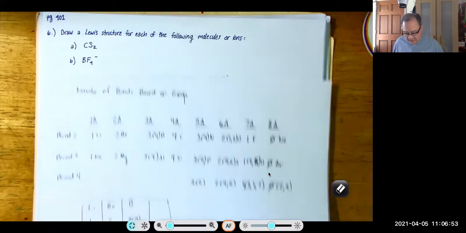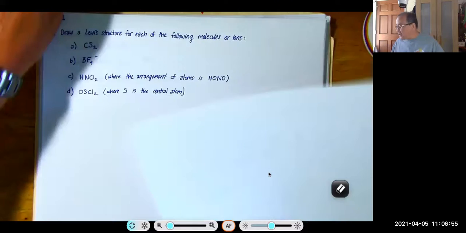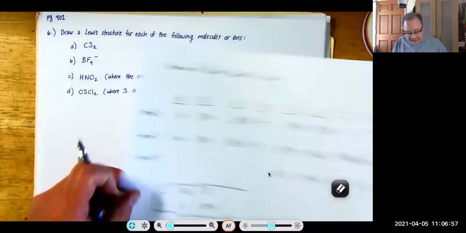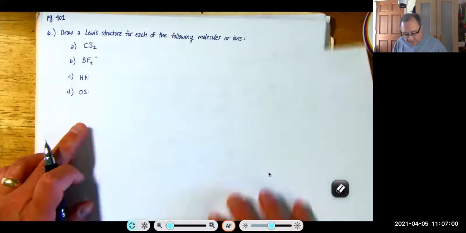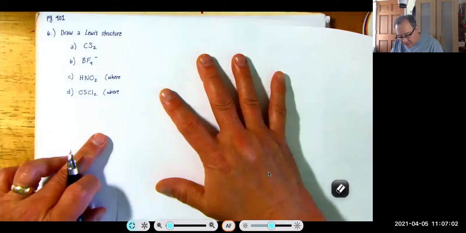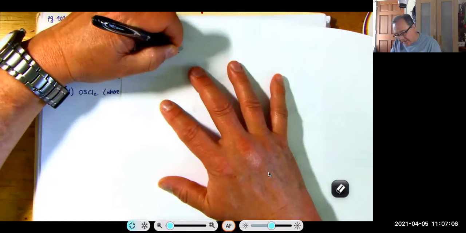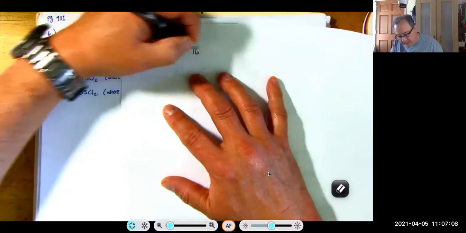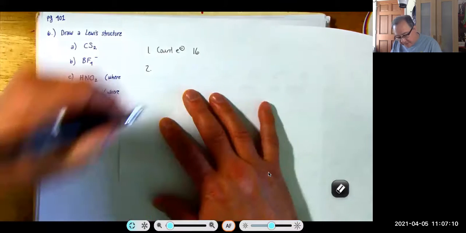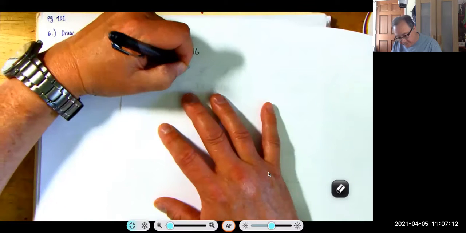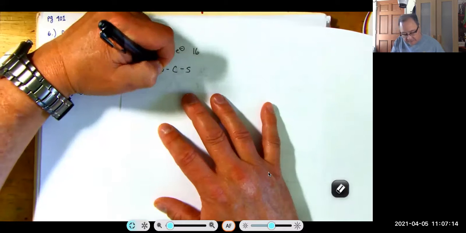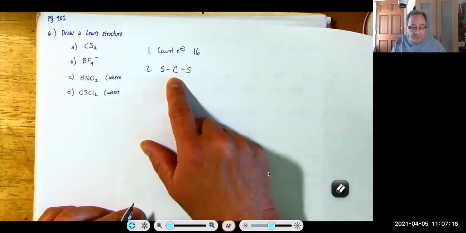So here, if we go back to trying to draw this CS2, first you're going to count valence electrons. And we had 16. And then we're going to choose a central atom, and that's going to be carbon because it can make more bonds.